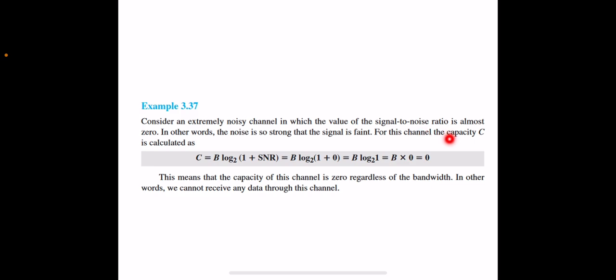For this channel, applying the formula, channel capacity C equals B log of 1 plus SNR. With SNR 0, log of 1 is 0, so B times 0 means 0.